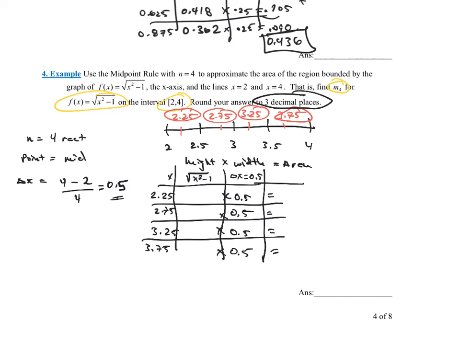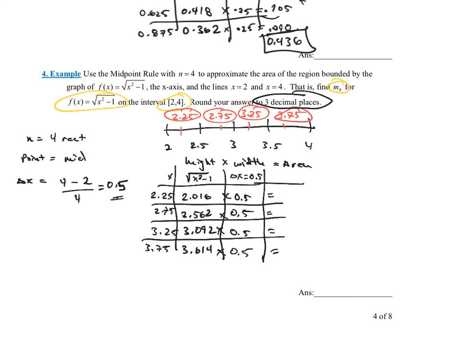And if I'm rounding to 3 decimal places, it looks like I have 2.016. The next one I'd have 2.562. The next one I'd have 3.092. And let me plug in 3.75 real quick. Looks like I'm getting 3.614 on that one. So that's my height of each of my rectangles.